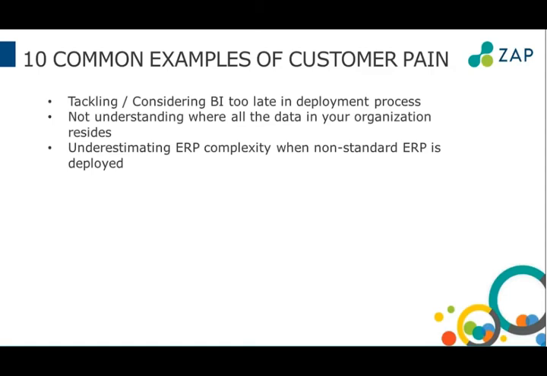Don't underestimate how hard it would be for you to sit down and create all the joins that would allow you to come up with some BI that would actually deliver the value that you need in your business, considering that not only have you got standard tables, you've got dozens or hundreds or sometimes thousands of non-standard tables that you've deployed as part of your deployment, and you've also got some other ISV apps there for specialty industry applications as well. Don't underestimate, and don't think for a second you can just build this out in a short amount of time.